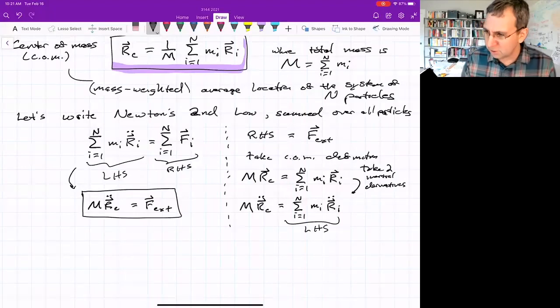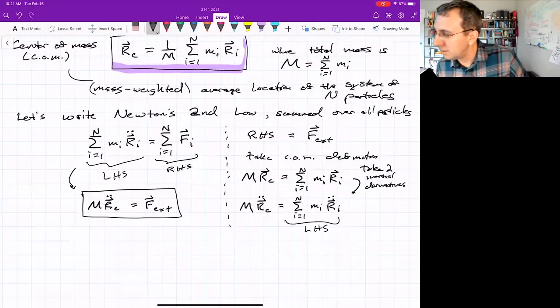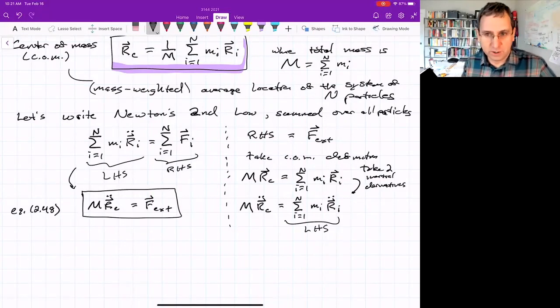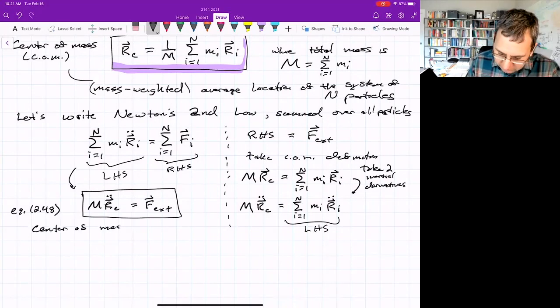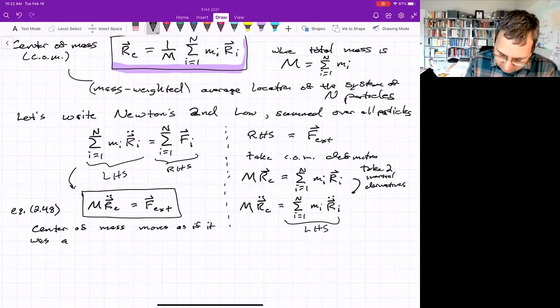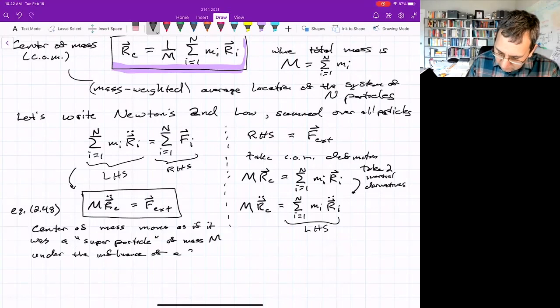So how do we describe this? If you want to follow along, this is equation 2.48 in the book. It calls this the Superparticle Theorem. What it means is that the center of mass, the average location of the system, moves as if it was a superparticle of mass m, the total mass of the system, under the influence of a force Fext, the total external force.